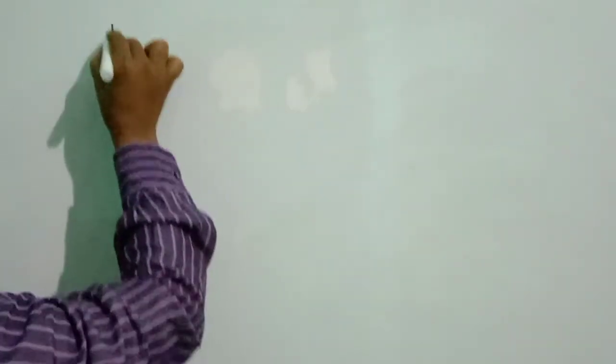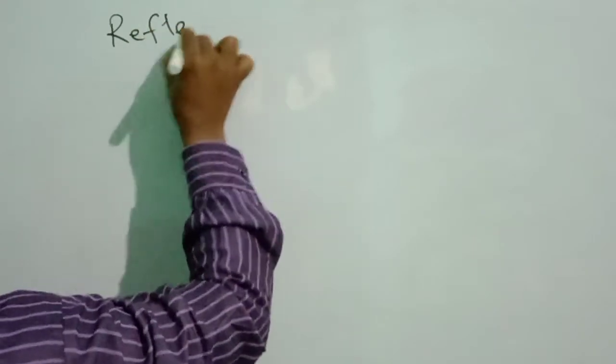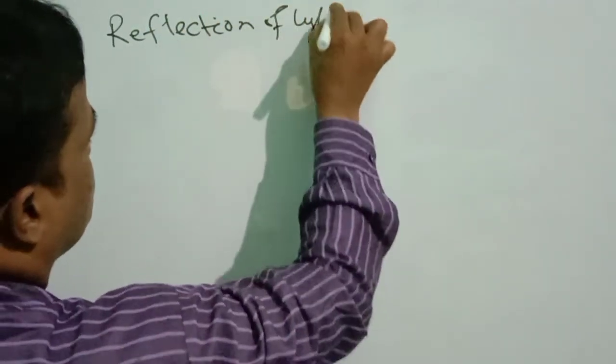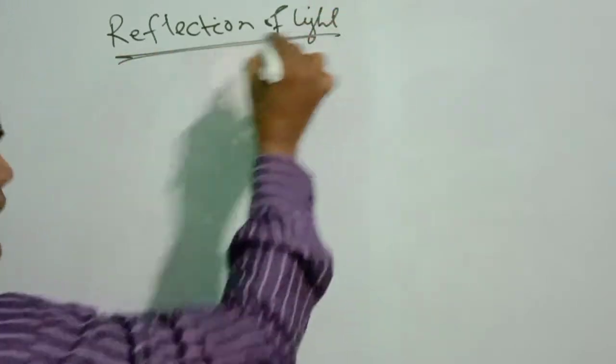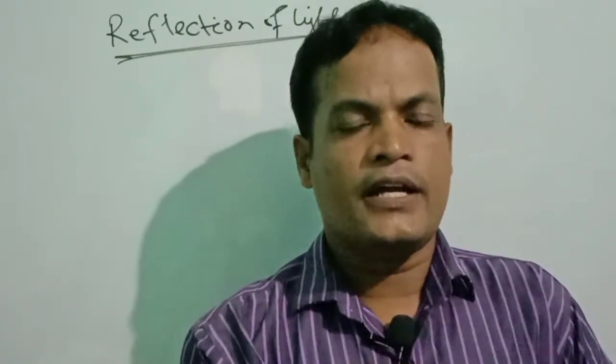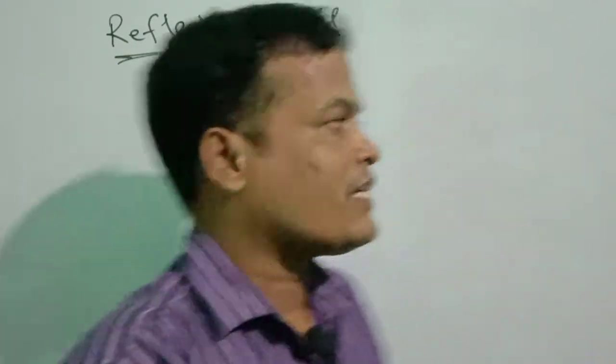Then come to reflection of light. Light reflects or bounces back, children, when it comes in the way of a smooth and opaque object.